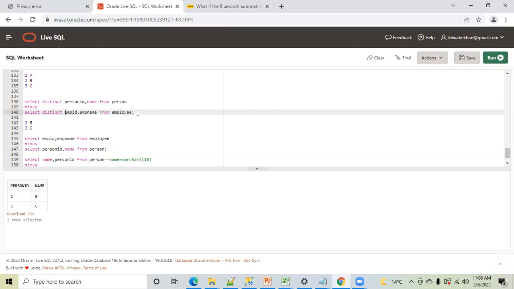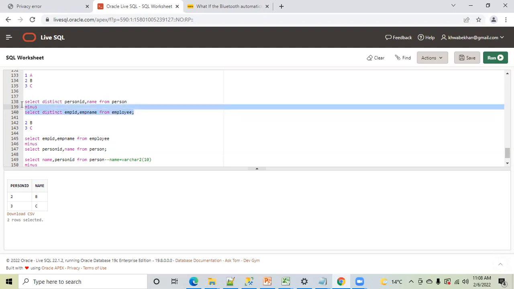But in the interview, some interviewers will try to confuse you. They will give you this query and ask you to tell the output. Don't say that this will throw an error message. This will not throw any error message, I'm repeating. But adding distinct is of no use, because the minus operator works on distinct by default.